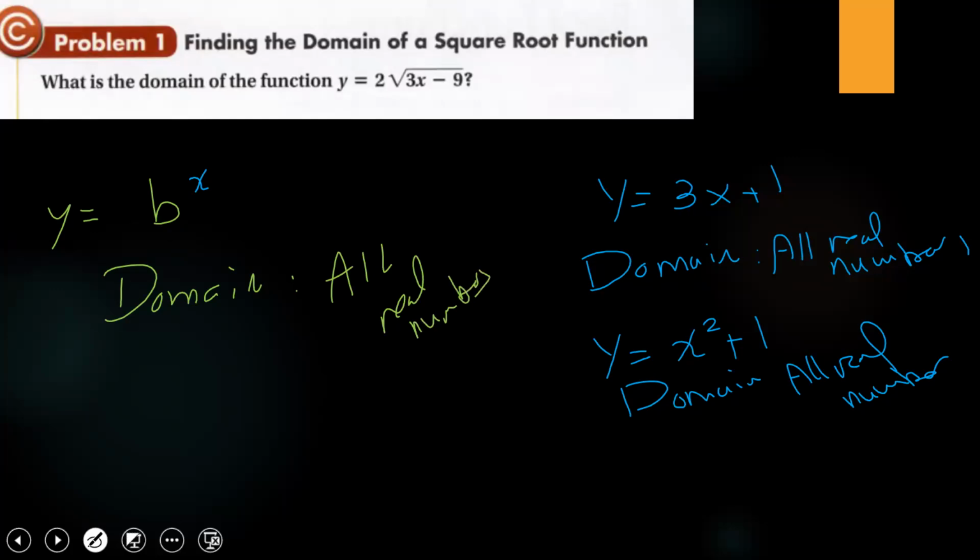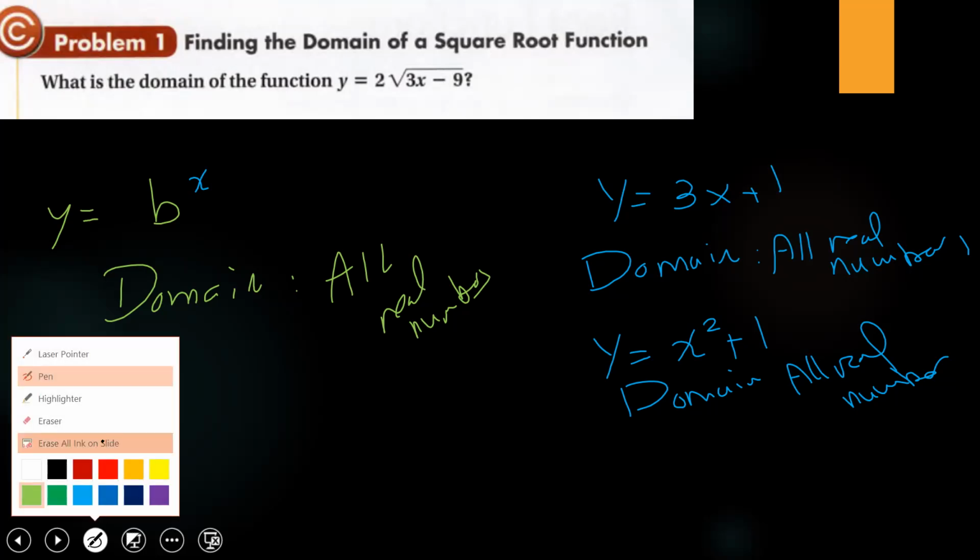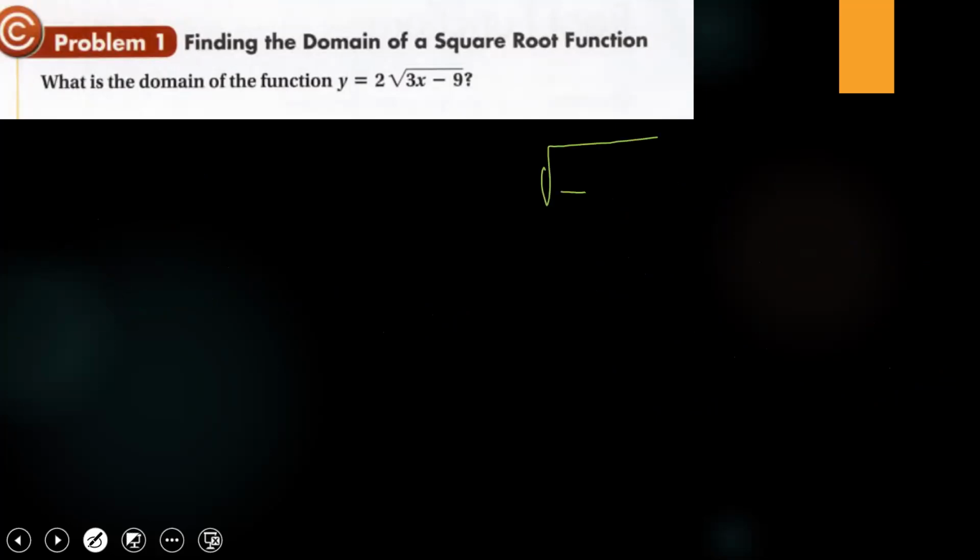So if I'm talking about linear, quadratic, exponential, any such function, there's no problem with any number. But in the square root function, I cannot use any number. I cannot take the square root of -4. I can find the square root of 0.7 or of 4.